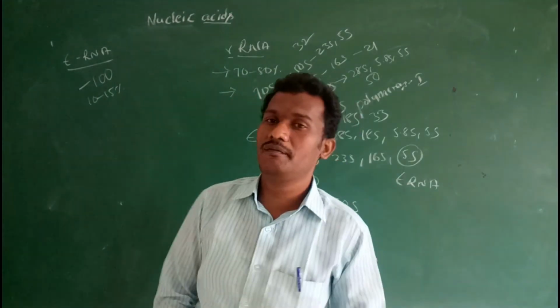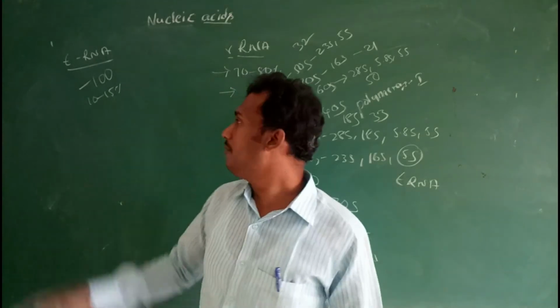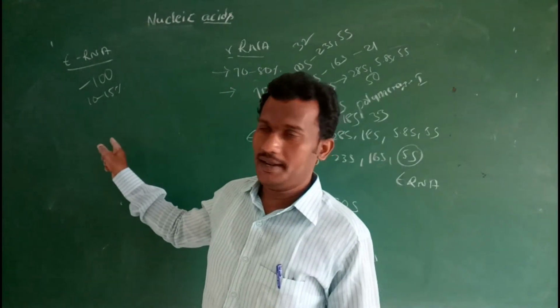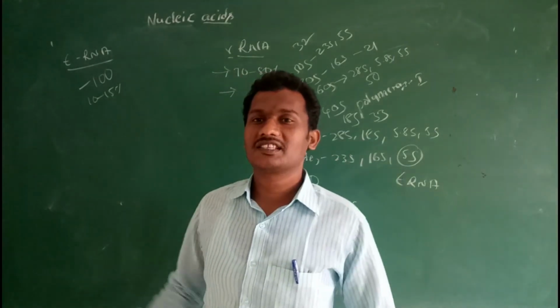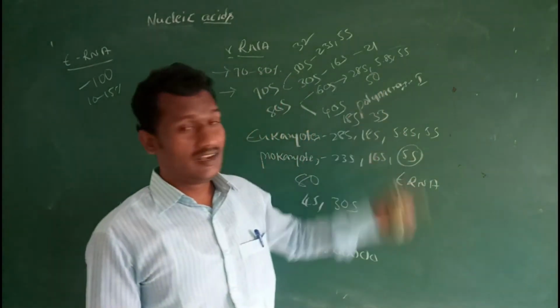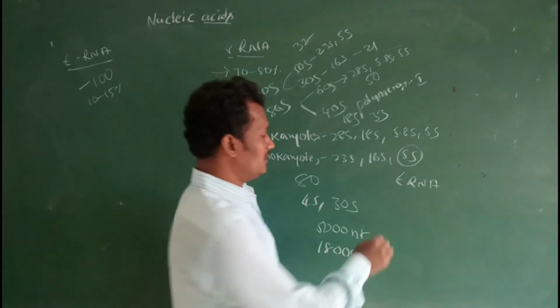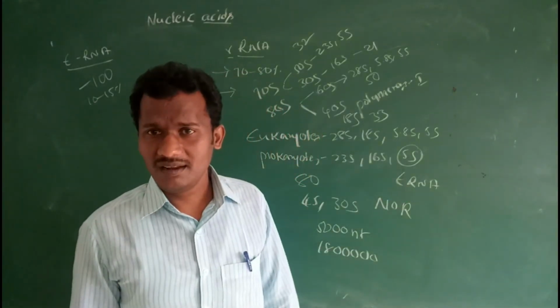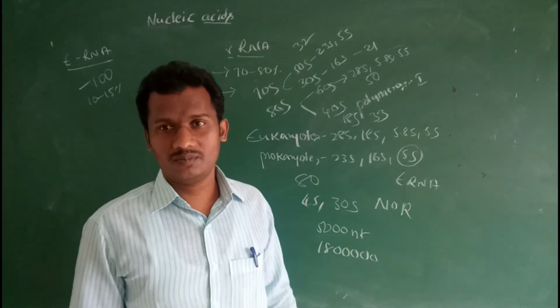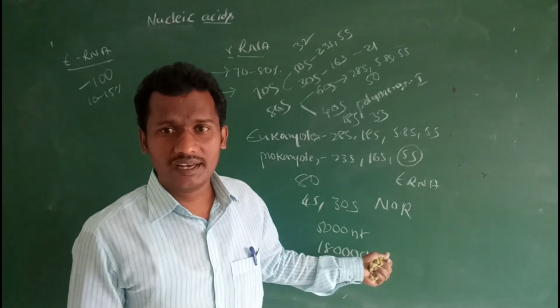The tRNA is also formed by the transcription process. Generally rRNA is synthesized at the NOR region, the nucleolar organizer region of chromosomes.